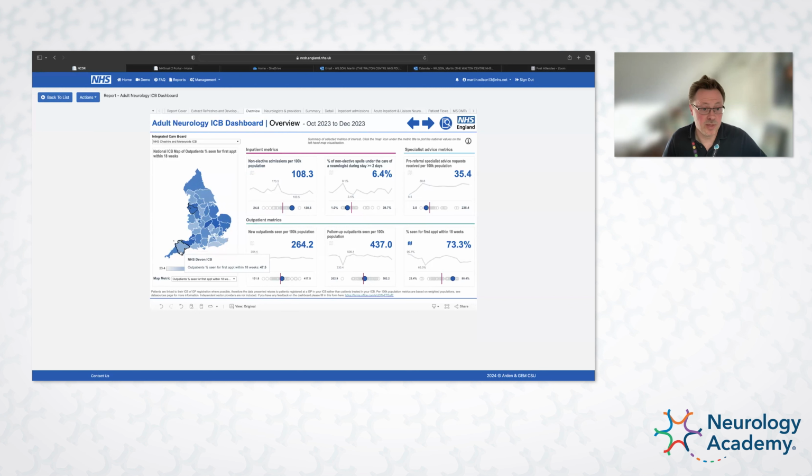So the map now is showing that. And obviously the lighter the color on the map, the lower the value. Some things are good if they're low, some things are bad if they're low, which is usually self-evident. So that's the landing page, what we call the overview.